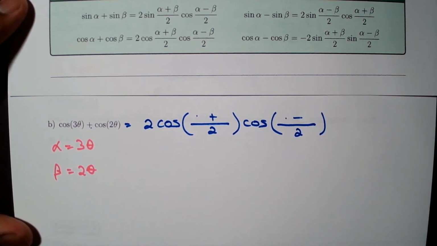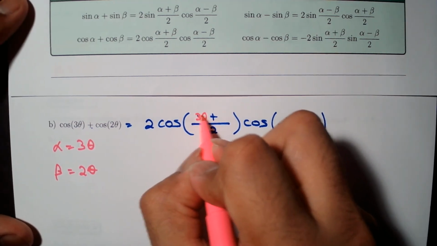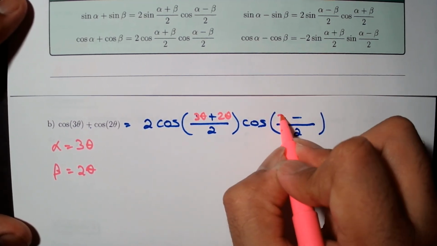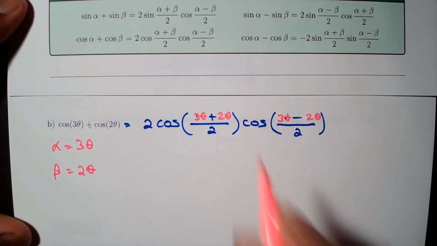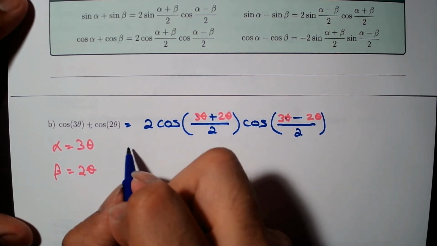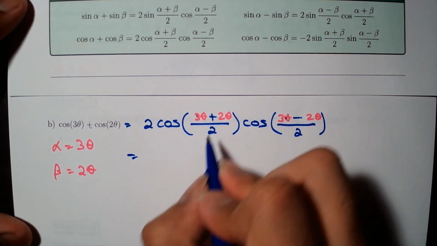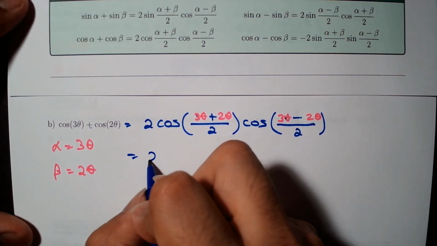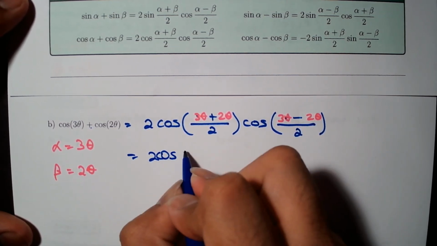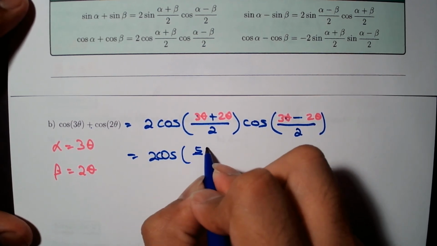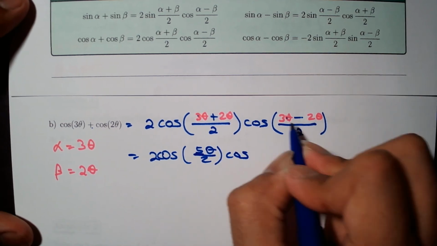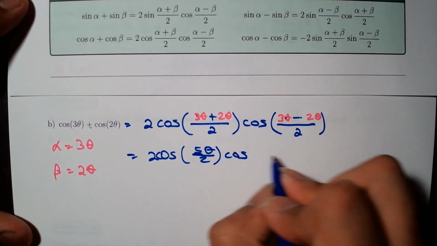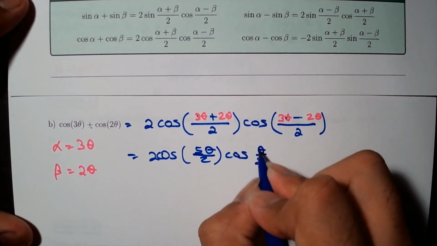That's all we do. 3 theta, 2 theta. I think I got the wrong color, never mind, it still works. That's 5 theta over 2. Cosine of 3 minus 2, that's 1 theta, simply theta over 2.